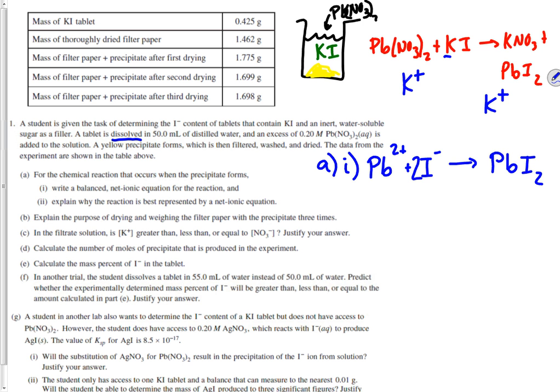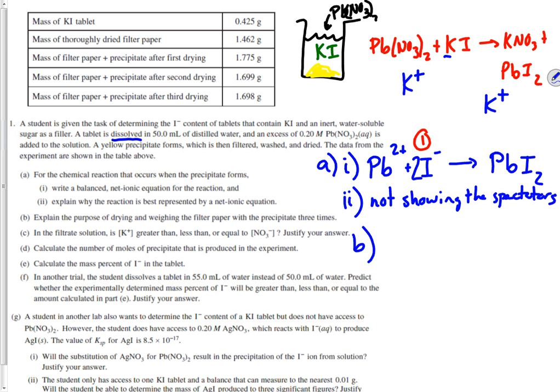The net ionic equation shows the formation of PbI2 from Pb2+ and I minus ions, omitting the non-reactant species, the spectator ions K plus and NO3 minus. That sounds more complicated than it actually is. It's basically that you're not showing the spectators, which are not involved in the actual reaction. Those are both one point.